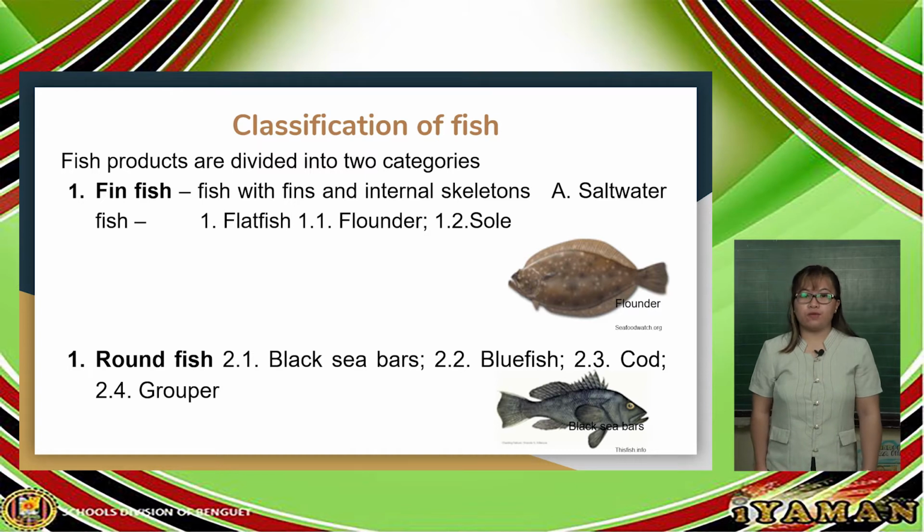Another, we have roundfish. We have the black sea bass, the bluefish, cod, and grouper. An example on the illustration is a black sea bass. It is different from the first one because it may not look round, but the fins are surrounding its body, and the structure differs from the first one.